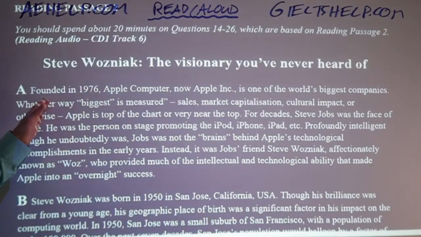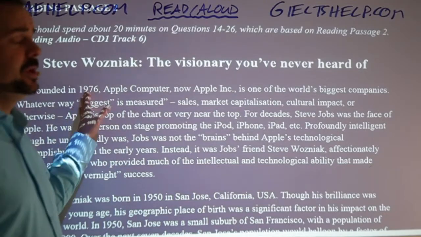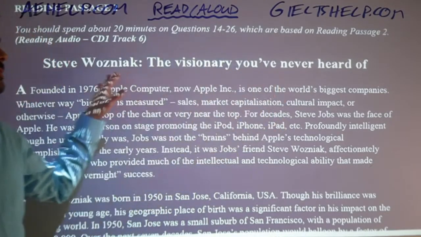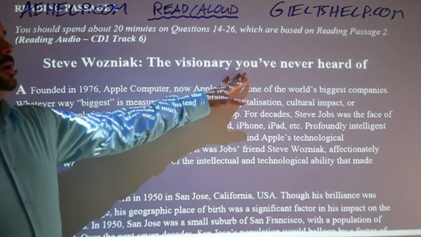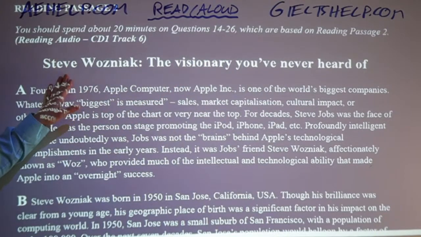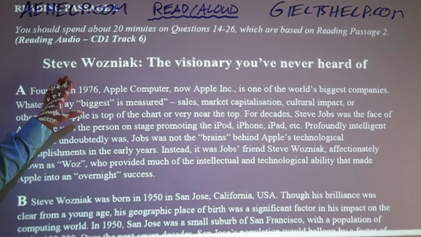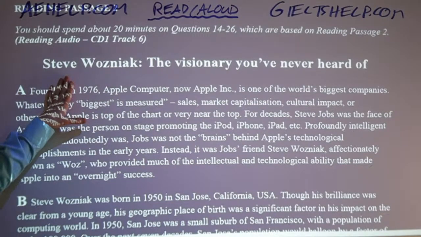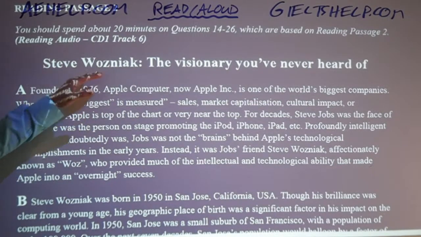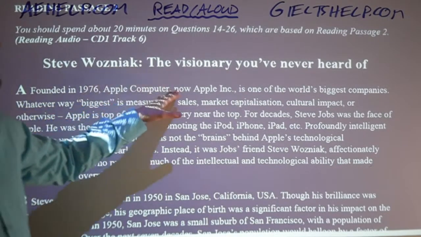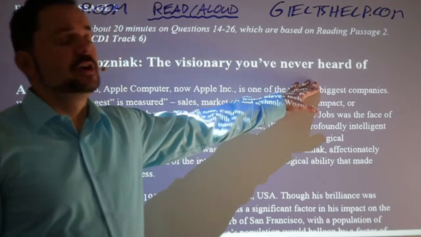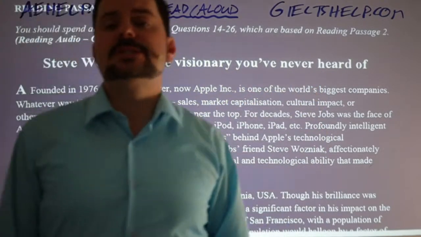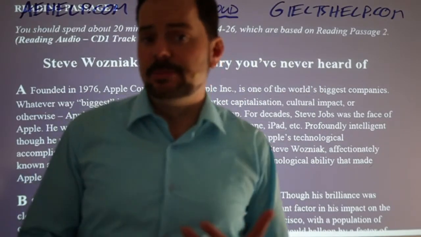So, reading. Step number 1 in reading, read the title. Always read the title so that you can start to think about what this passage might include. So let's do that. Steve Wozniak, the visionary you've never heard of. All right, so when I read this title, I want to think about it a little bit.